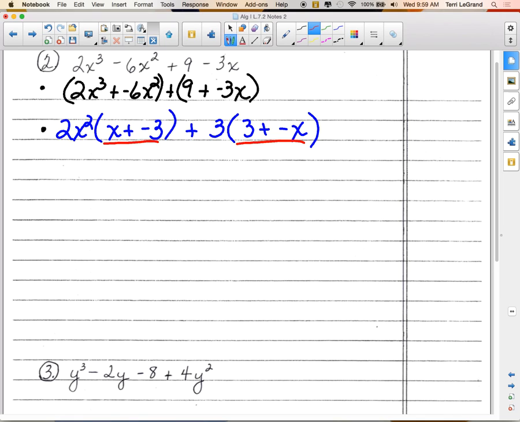So here's what you do when that happens. When they just are reverse signs of what they need to be, you make your GCF negative. So instead of a positive 3 GCF, we're going to have a negative 3 GCF. Now, that'll make this a negative 3, and this will become a positive x.